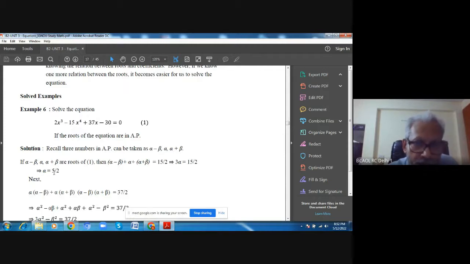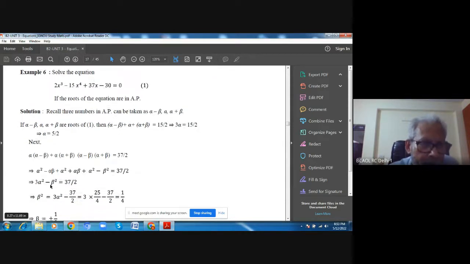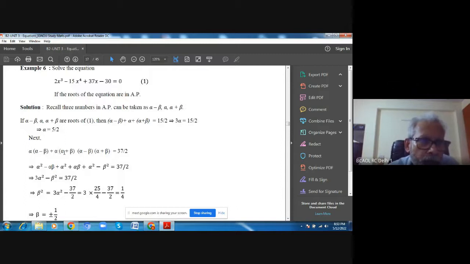So finally it is coming 3 alpha equals 15 by 2. So alpha is equal to 5 by 2. Okay, this is one part, this is another part. Next is 37, c by a.